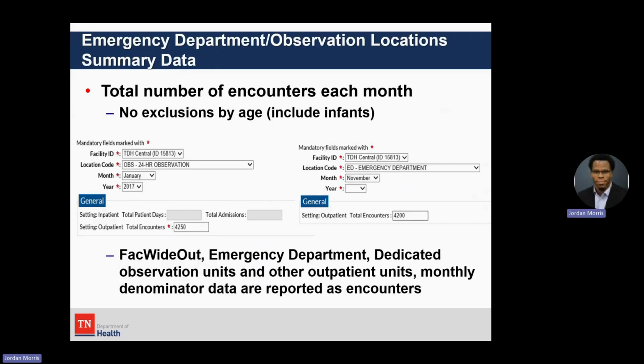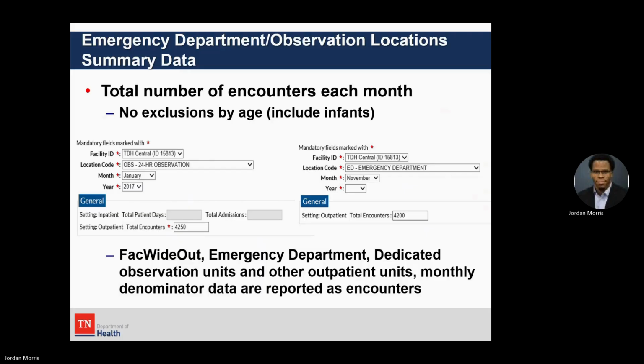For emergency departments and dedicated observation units, monthly denominators are entered as total patient encounters each month. As a reminder, there are no exclusions by age for outpatients. For FACWIDEOUT locations, emergency departments, dedicated observation units, and other outpatient units, denominator data are reported as total patient encounters each month.